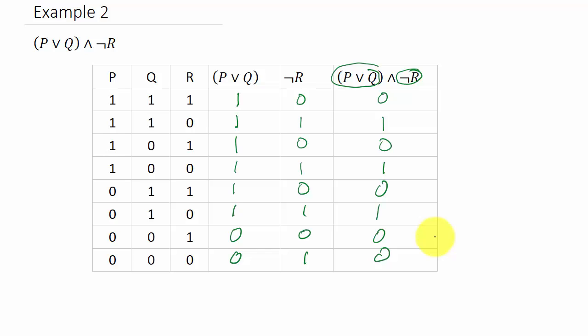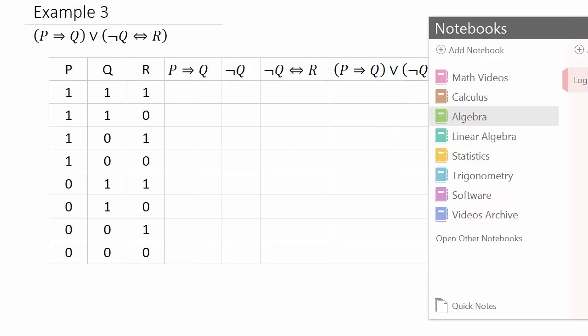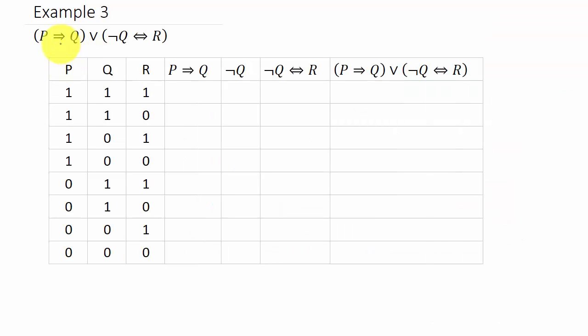Alright, now let's look at one last example. I have P implies Q or not Q is equivalent to R. Alright, so you can see here the different columns I have. I need to know what P implies Q is, so there's that column.